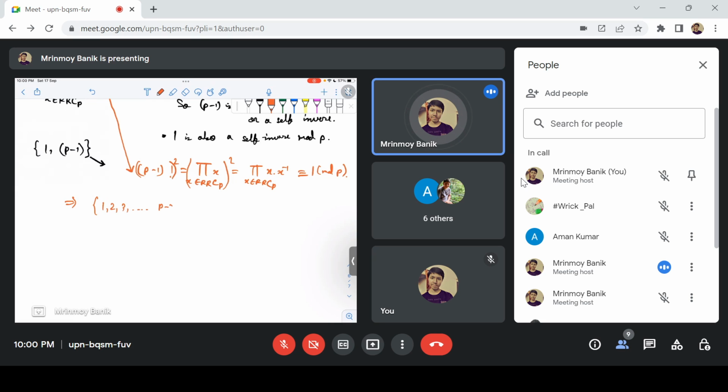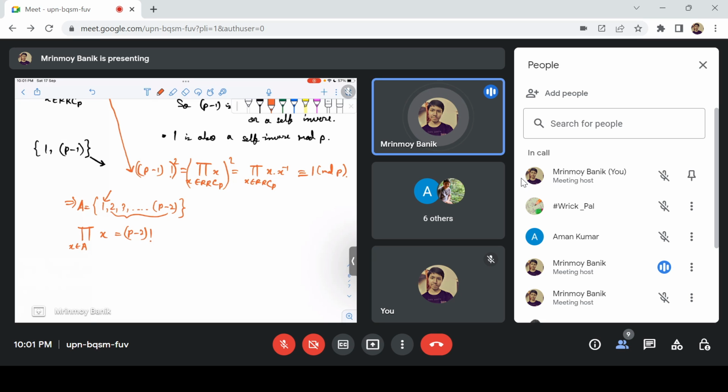So up to p minus 2, let's call this set A. So the product over A is equal to p minus 2 factorial, and we can leave out 1 again, since 1 is the inverse of itself and it is anyway congruent to 1 mod p. So we are left with 2 up to p minus 2.